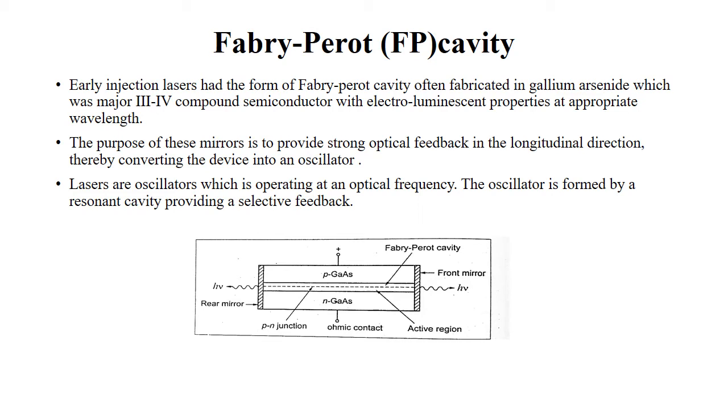This cavity is very small, approximately 250 to 500 micrometers long, 5 to 15 micrometers wide, and 0.1 to 0.2 micrometers thick. These dimensions are commonly referred to as the longitudinal, lateral, and transverse dimensions of the cavity.